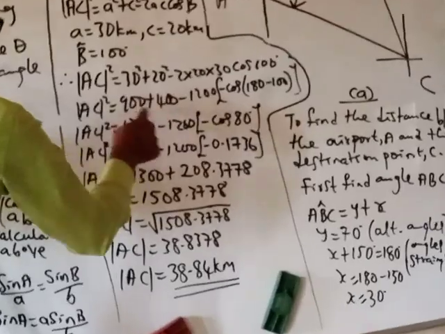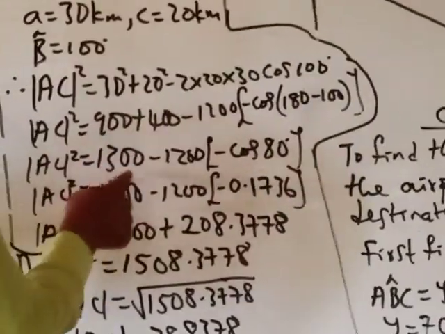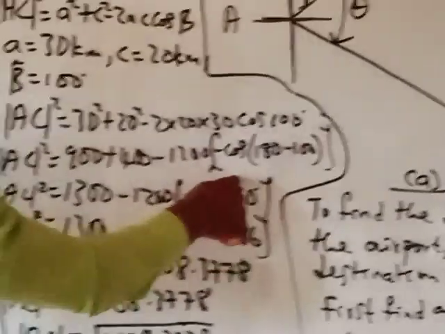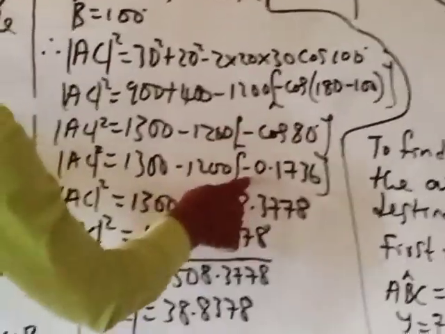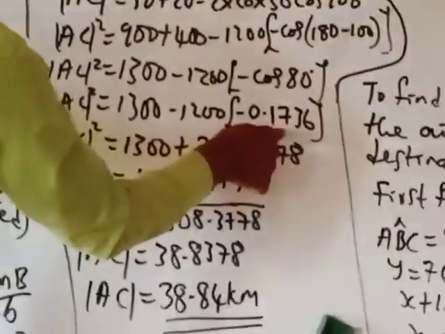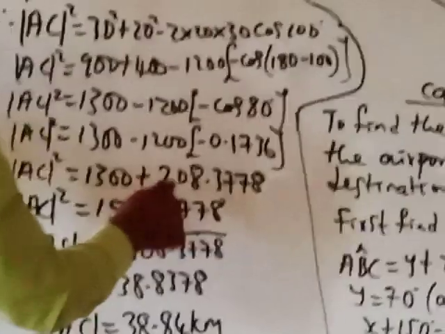Then this 900 plus 400 gives us 1,300 minus 1,200 times minus cos 80 degrees. Then cos 80 degrees is this. Then bring down minus. Then we now multiply minus times minus is plus. 1,200 times 0.1736 will give us this. Adding together, we have this.